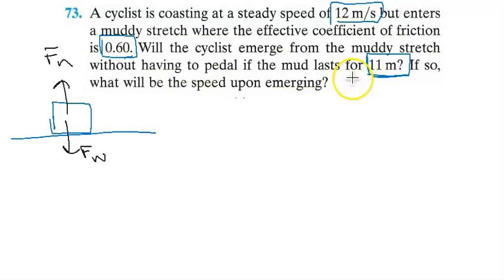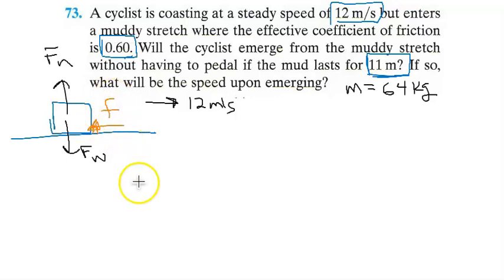Again, they did not give you the mass. So let's say the mass of the cyclist is 64 kilograms. They have a speed of 12. Again, you can see this is really the same problem over and over again. And friction is slowing the person down, or the cyclist down.